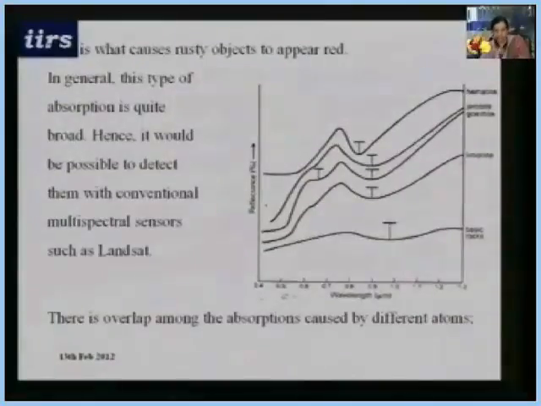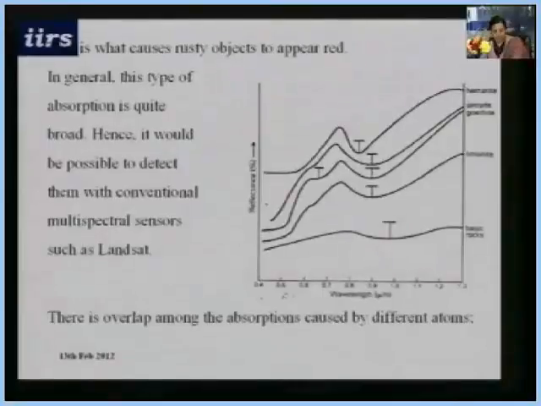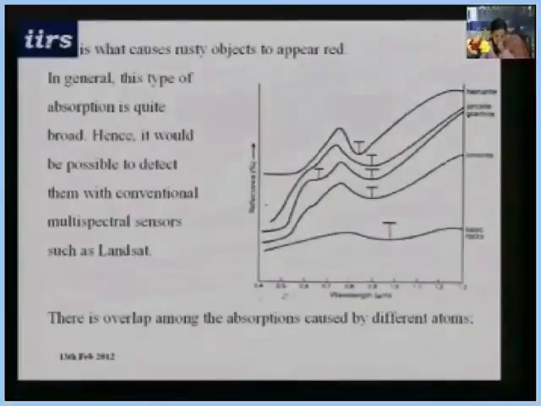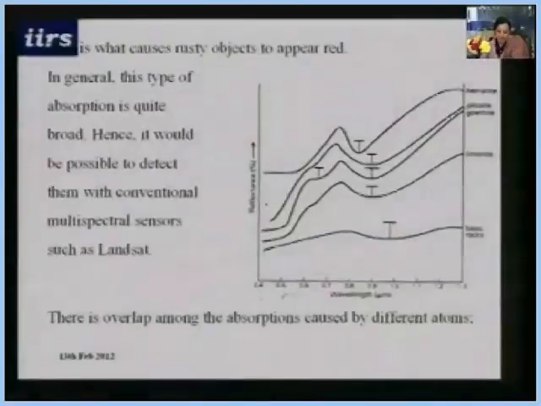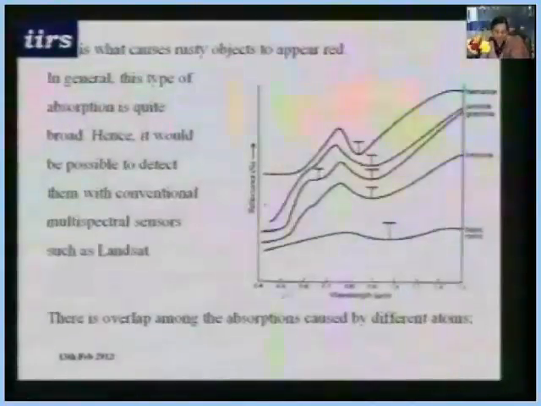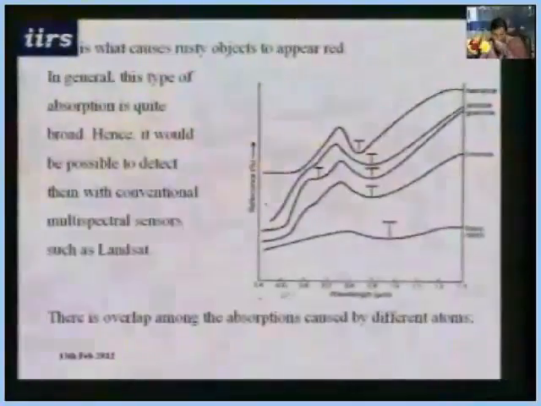This is the reason which causes the rusty appearance of the iron features, why they appear red. And this occurs mostly in the visible portion of the spectrum. In general, absorption bands caused by charge transfer are diagnostic of the mineralogy.